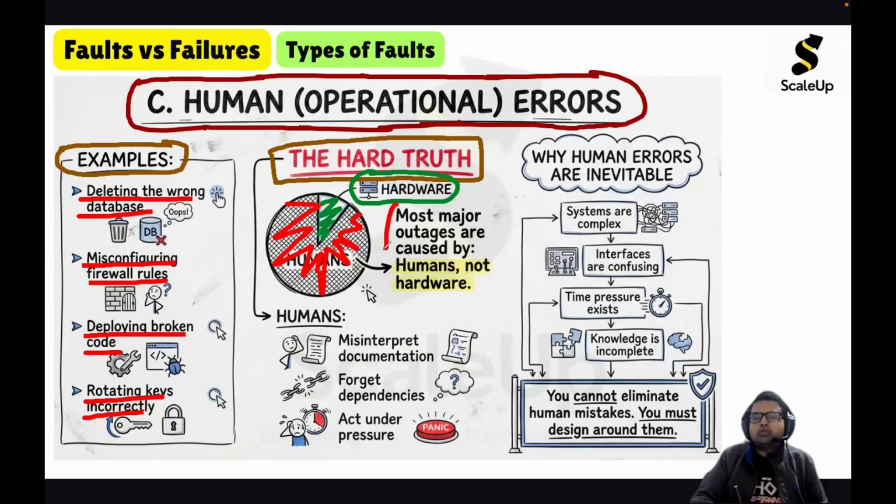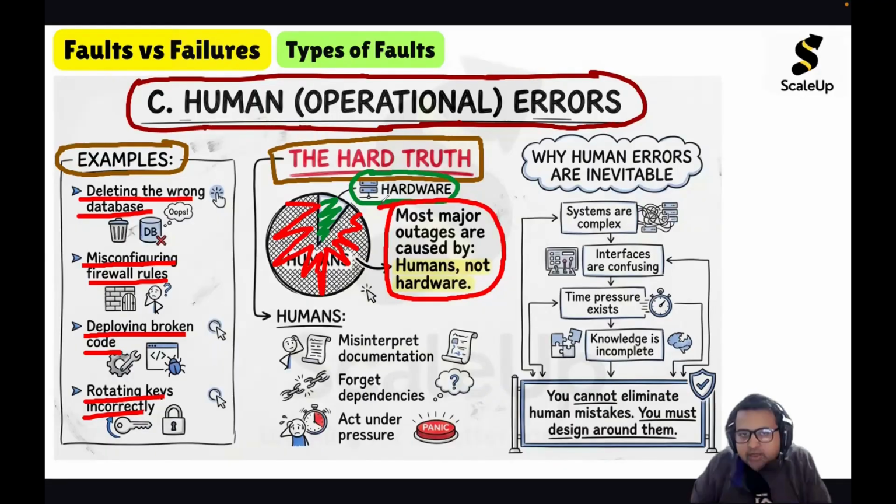Most major outages are caused by humans, not hardware. This is a very, very important observation. In any system, like a distributed system with many nodes, hardware faults will be very few, and human errors will be a lot more.